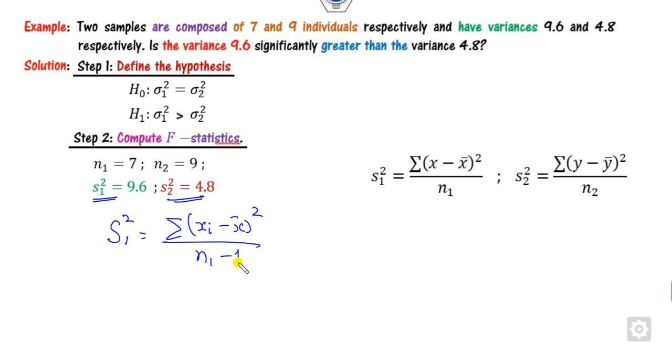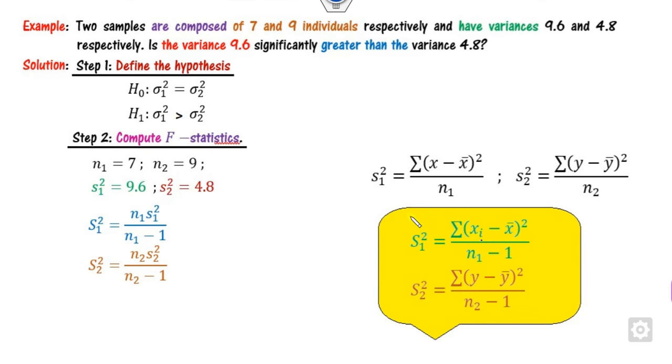Upon n1 minus 1. So based on this small s1 I can find this numerator value. This value is nothing but small s1 here, so I can take this value in here. I can compute this value. This is n1 of this. Now I can substitute this value here. This is 9.6 over 6 and so on.